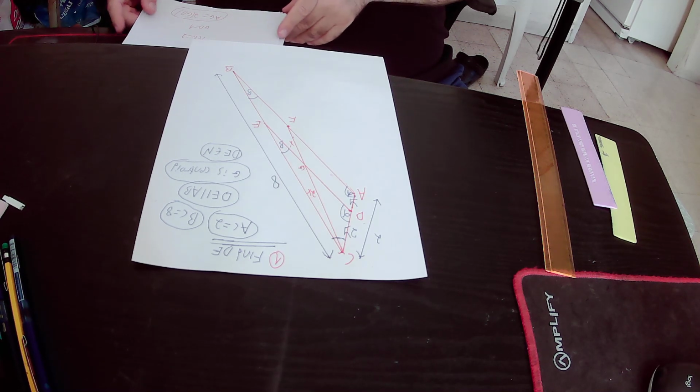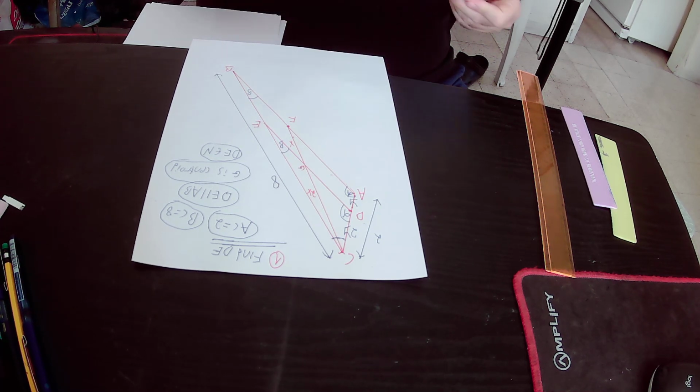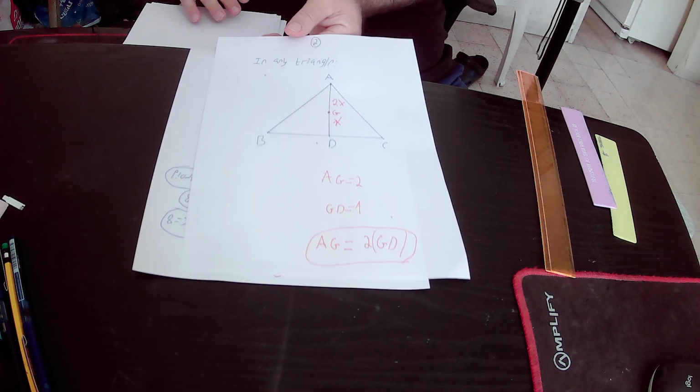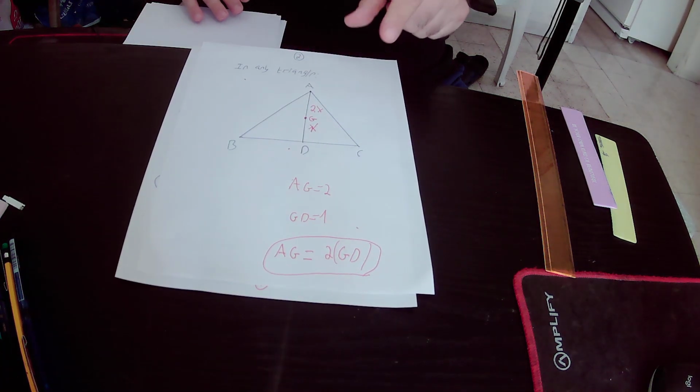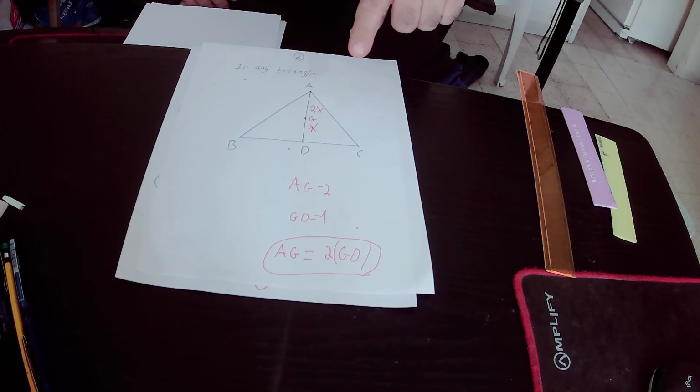And we have a rule that relates to the median of any triangle. This triangle ABC can be any triangle, and we know that AD is the median of the triangle, that is to say it bisects BC, it divides BC into two equal parts, that is to say BD equals DC.